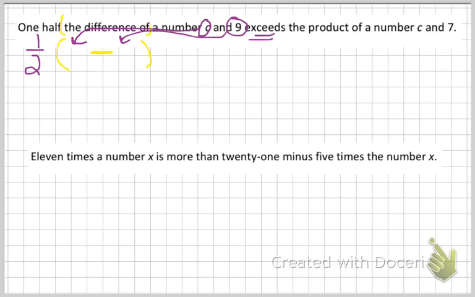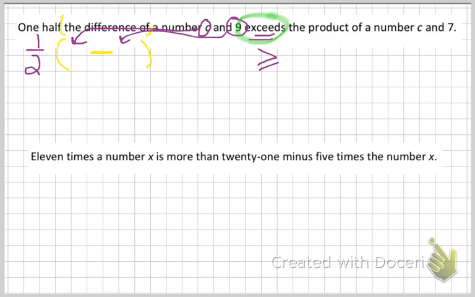Exceeds, it goes higher. Exceeds is our key word. That's where we place the inequality. Exceeds means that it goes higher. Higher means that it's greater. So we're going to use the greater than inequality. Greater than or equal to. The product means times. So we're going to multiply 2 things.